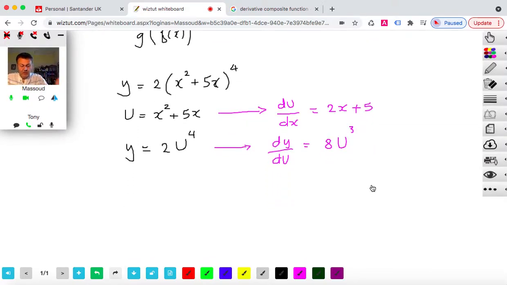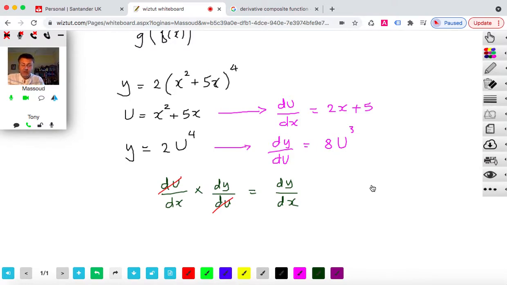And so the chain rule comes in and tells us that if you multiply du/dx, which is the differential of u with respect to x, by dy/du, a chain reaction takes place, and in that chain reaction the du's will cancel, leaving you dy/dx, which basically was what we wanted to do in the first place.